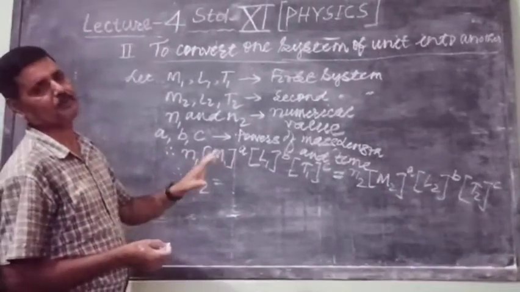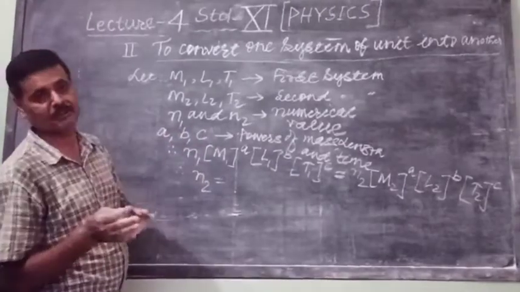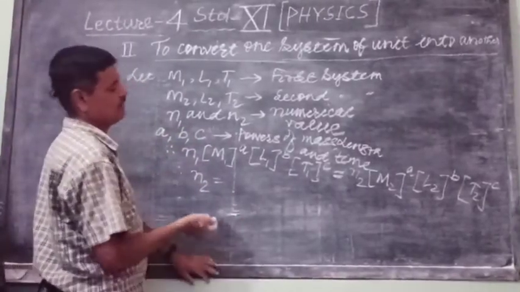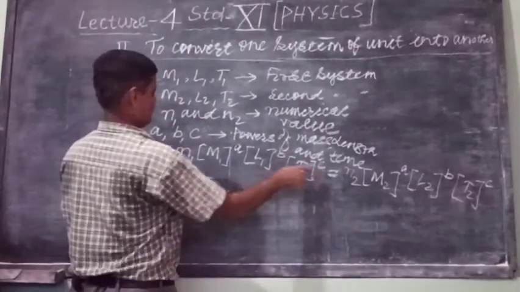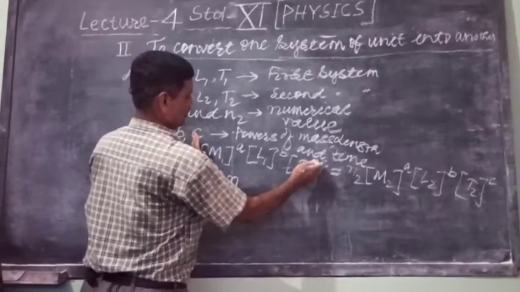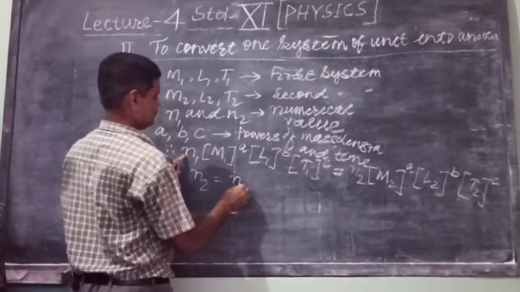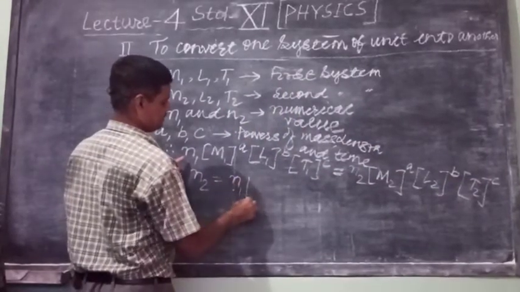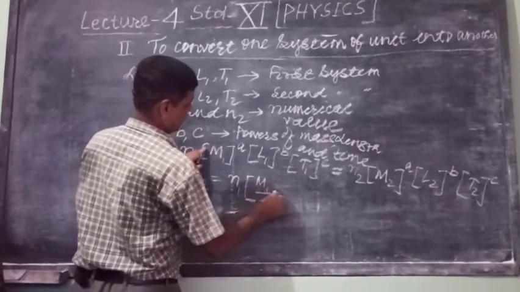In any problem, the numerical value of the first system will be given, and you should calculate the numerical value in the second, N2. This N2 can be written as N1 times this whole divided by this one. So we will write M1 by M2.